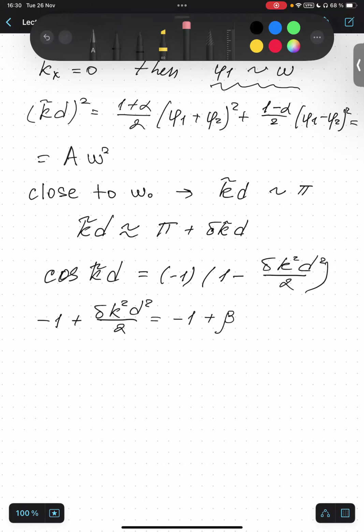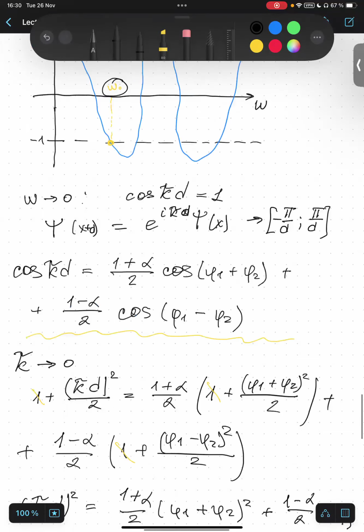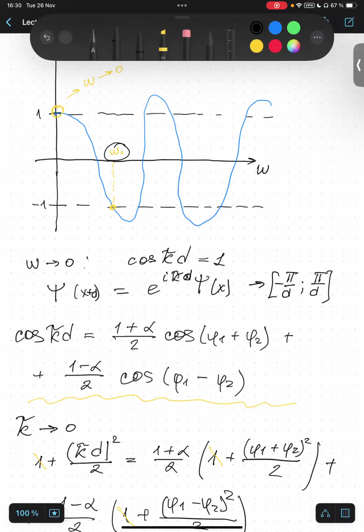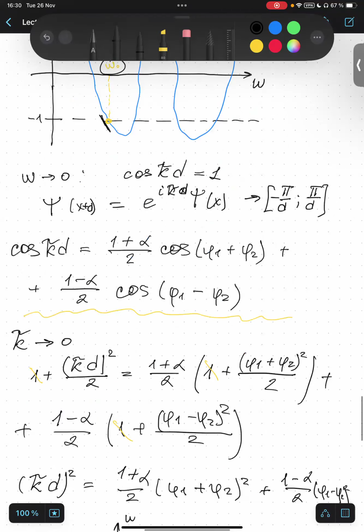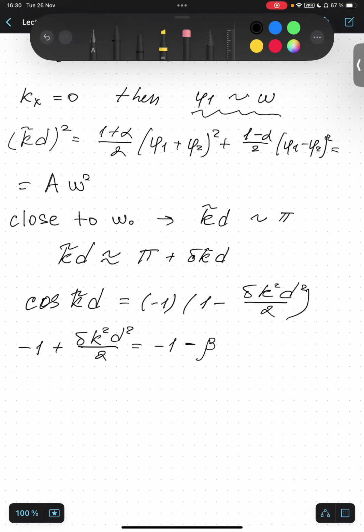So actually it should be minus, because now here we analyze this point and we have the negative slope here. Therefore we should put minus here. So it's just some coefficient times omega minus omega 0.